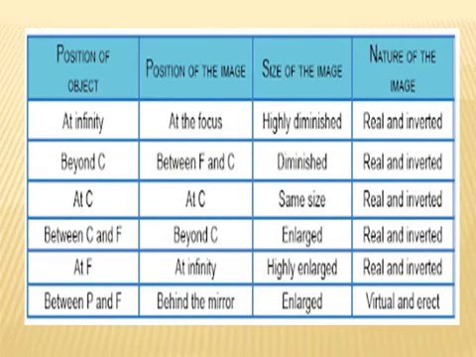This slide gives you the nature of the image formed for all the 6 positions which you have seen earlier. So at infinity, what is the nature of the image? The image is obtained at the focus, highly diminished, real and inverted. This also you have to write on the A4 sheet paper for each of the diagrams.